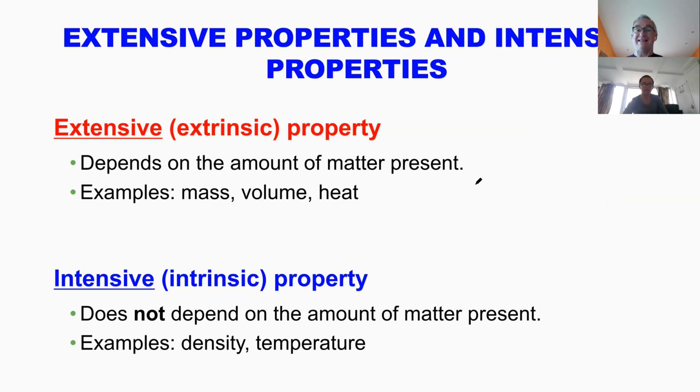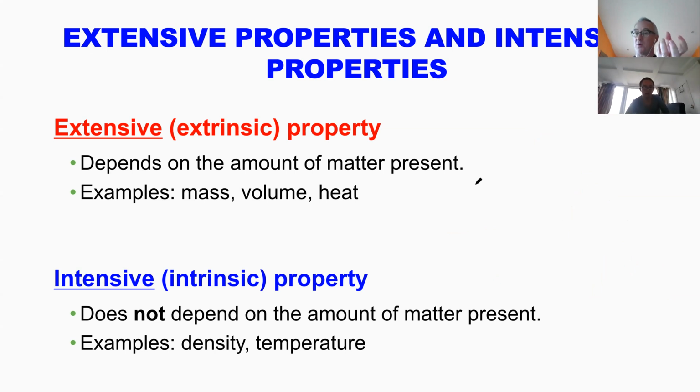So, an intensive property does not depend on the amount of things. Here's where we see the difference between heat and temperature. Density doesn't depend on how much stuff you have. We learned that, right? We had a big piece of wood, a small piece, a medium-sized piece, all with the same density.